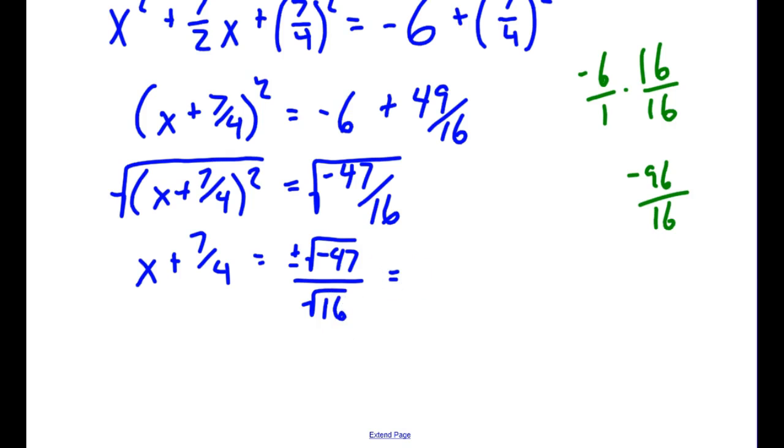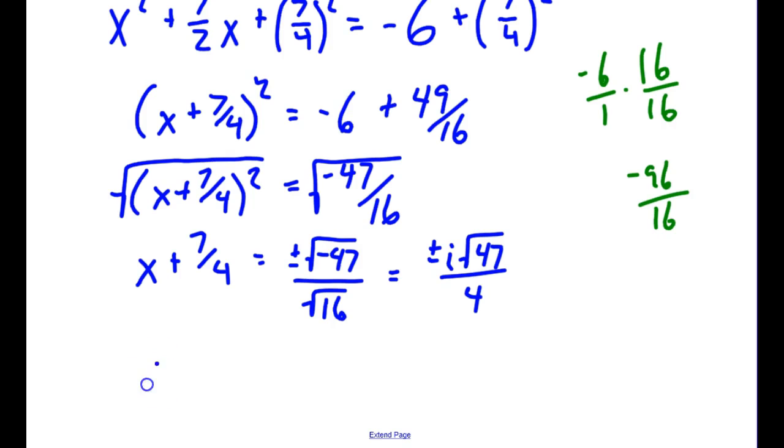Reason I break that apart, the square root of 16 will simplify down nicely, so this is plus or minus the square root of negative 47. We can also break that apart. That is the same as the square root of negative 1, which is i times radical 47. And the square root of 16 simplifies down to 4.